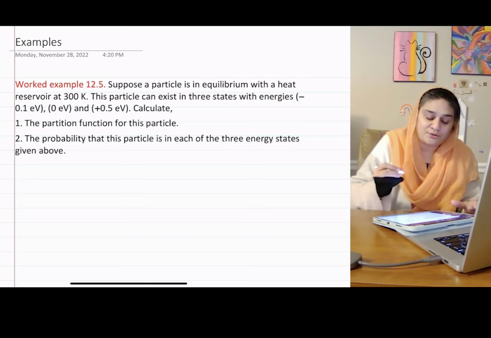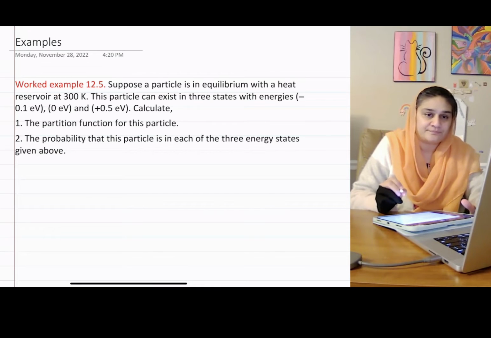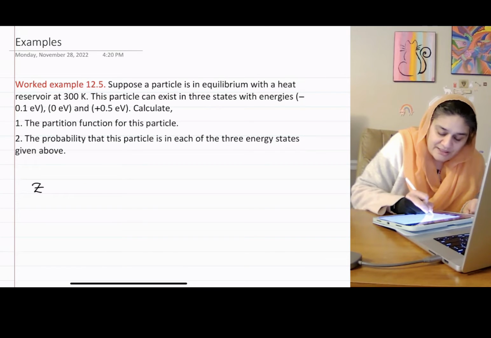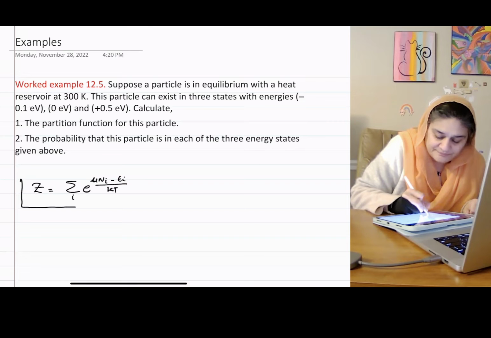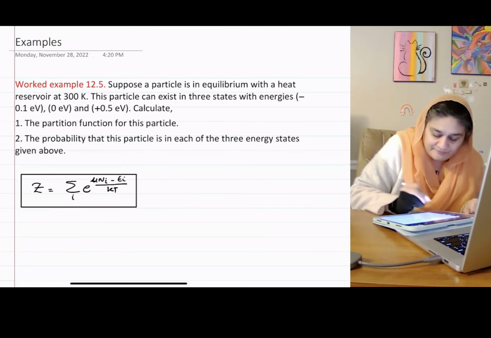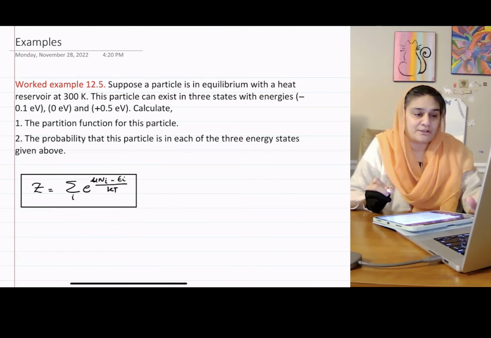So I can use my equation Z equals the summation over i of e to the (mu n_i minus E_i) over kT. So that's an equation I can use.